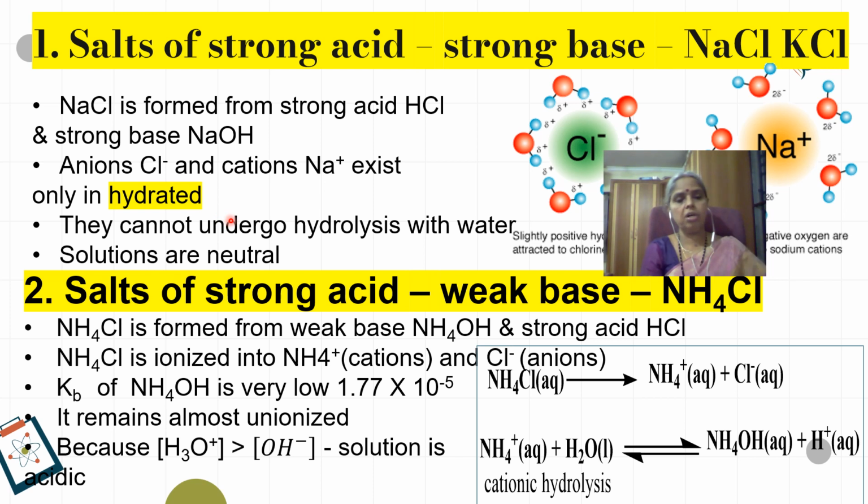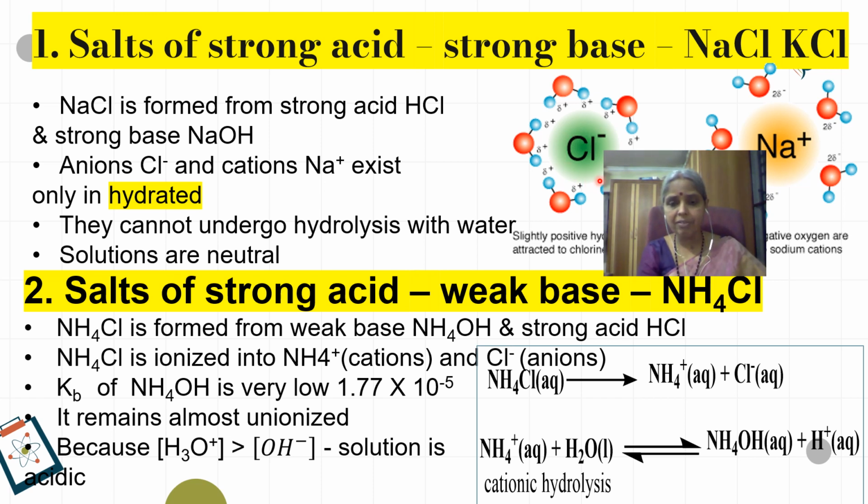They don't undergo hydrolysis. They will only get hydrated. For example, you can see here Cl minus is surrounded by the positive H plus ends, because water is a polar solvent. Oxygen will get partial negative charge. The blue balls are the hydrogens. Hydrogens will get the partial positive charge.